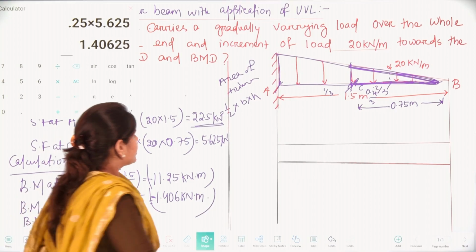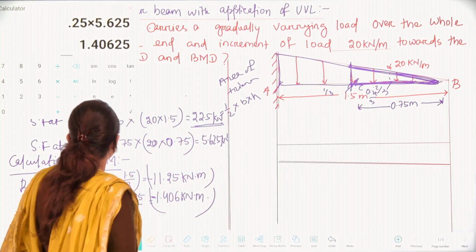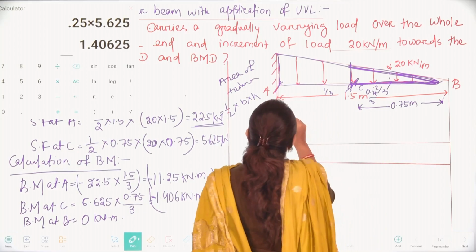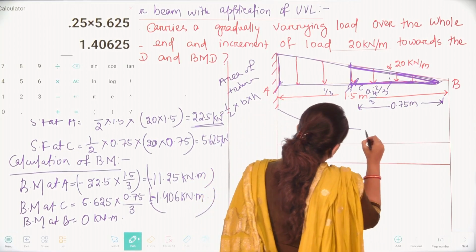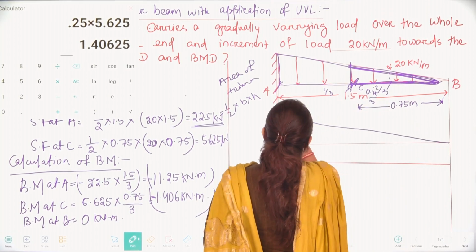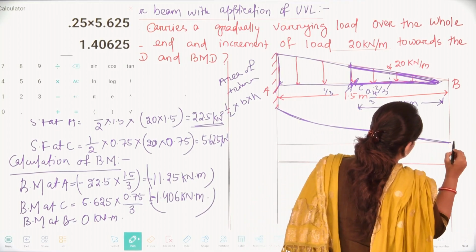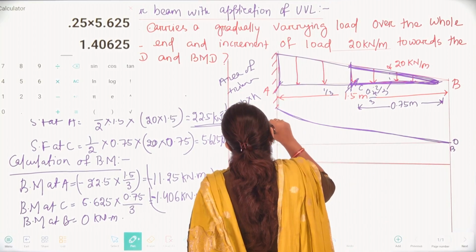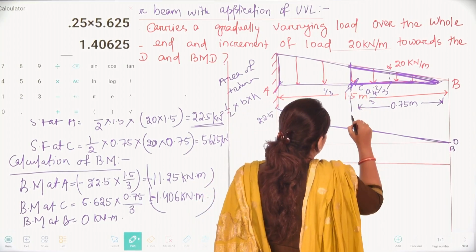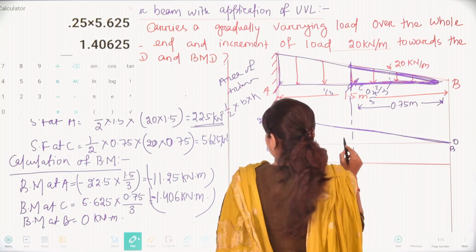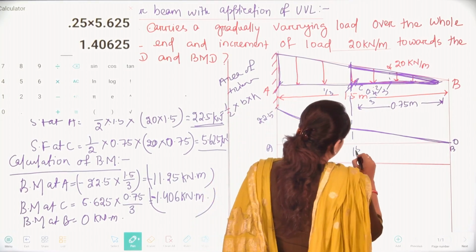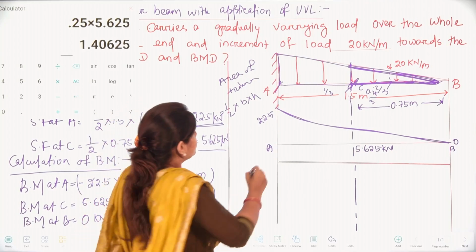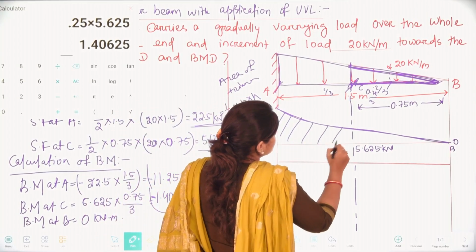First draw the shear force diagram, then we'll draw the bending moment diagram. The shear force at A is 22.5 and at B it is 0. Your shear force diagram will look like this. At point B we have 0, at point A we have 22.5, and at the midpoint this is 5.625 kilonewton. Here we have one positive shear force.